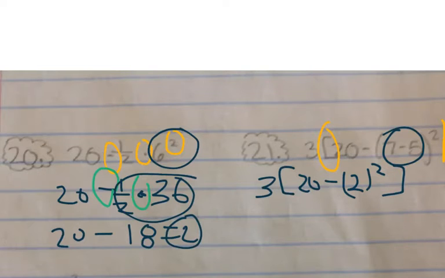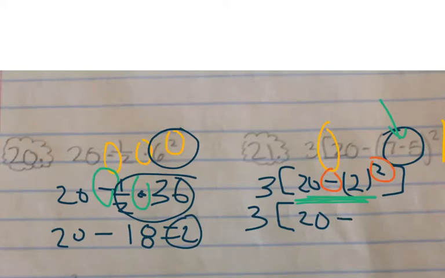So now what? Well, just to make sure, what I did was the inside parentheses first. Now I'm looking at the whole bracket or bigger parentheses, and notice inside of that I have a minus and I have a power of 2. Which should I do next? Of course I'm going to do the power next, right? So here we go. 3 bracket 20 minus 2 squared is 4. 2 times 2 is 4.